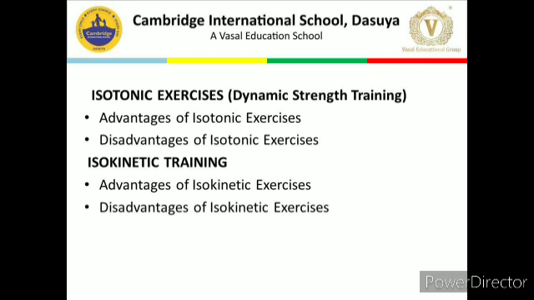Next is isotonic exercise. Isotonic exercise is dynamic strength training. Isotonic exercises were introduced by De Lorme in 1954. Isotonic comes from a Greek word in which iso means same or equal and tonos means tone or tension.